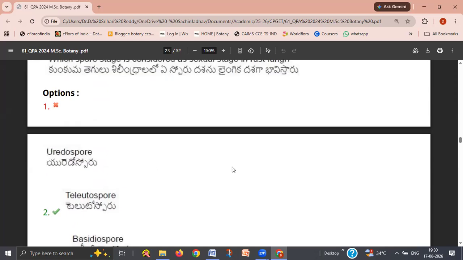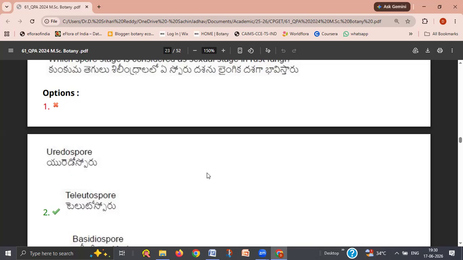These are the different spores formed in the life cycle of Puccinia. We already discussed Puccinia, the primary host and secondary host. Puccinia is a fungus. It belongs to the class Basidiomycetes or Basidiomycotina.